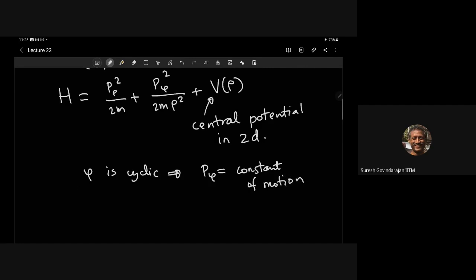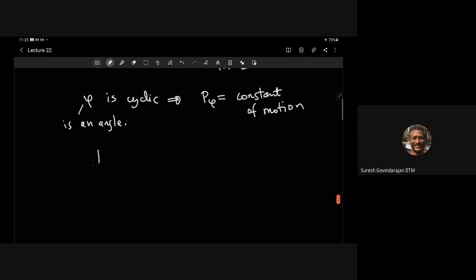And phi is an angle. So let's do this. We'll choose I1 to be p phi, and we'll choose theta 1 to be phi.